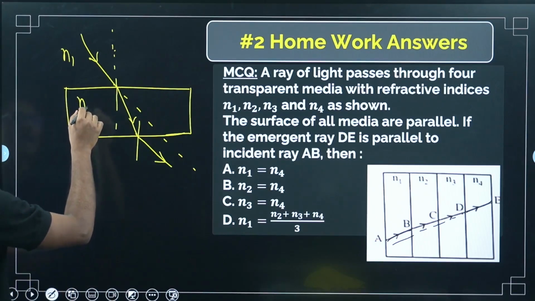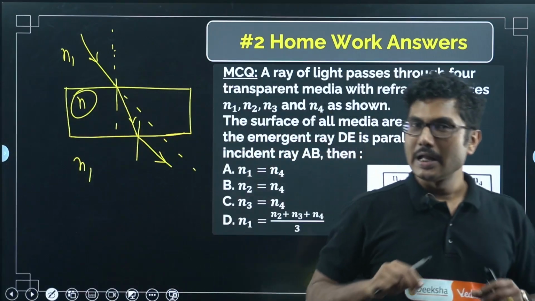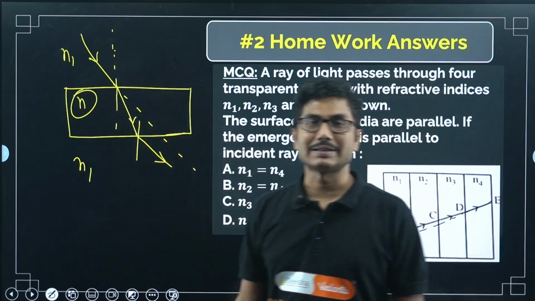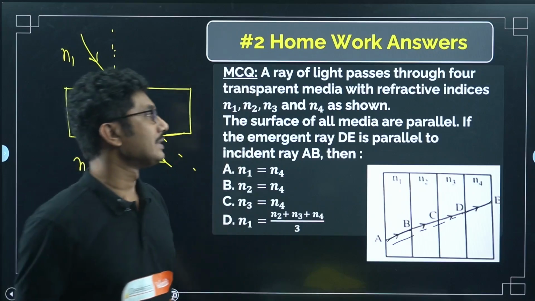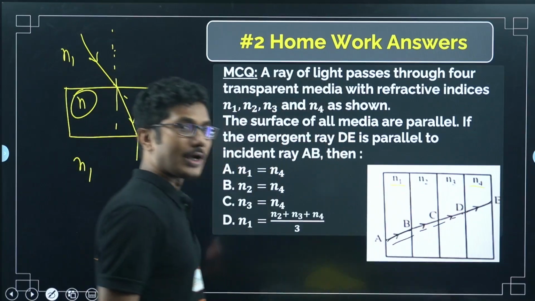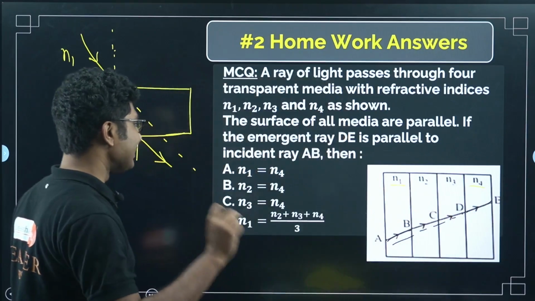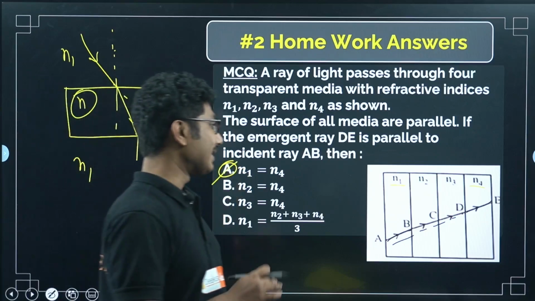It does not matter what the refractive index of the in-between medium is, or how many mediums there are. If the starting and ending refractive indexes are the same, then these two rays will always be parallel. So the refractive index N1 should be equal to N4 if this ray is parallel to this ray. Only this is the condition, so the correct option is N1 equals N4, nothing else.